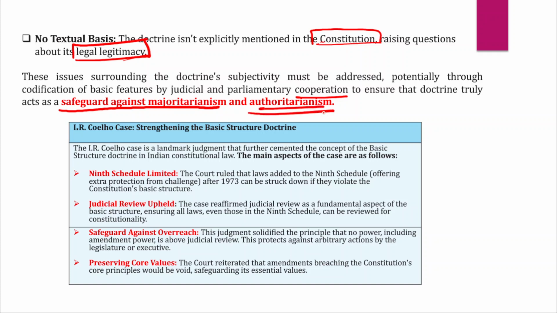Now, the overall objective of bringing in the basic structure doctrine through judicial pronouncement is to ensure that it is a safeguard against majoritarianism, and it is also a safeguard against authoritarianism.